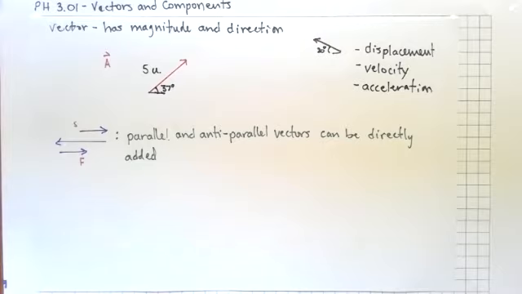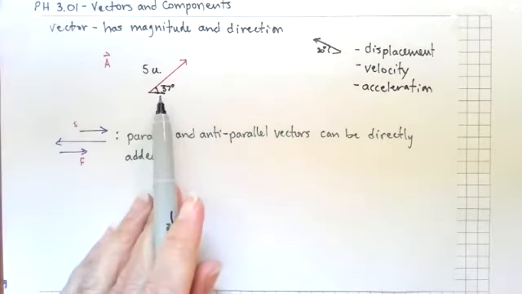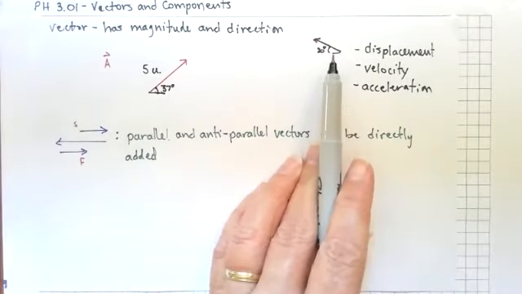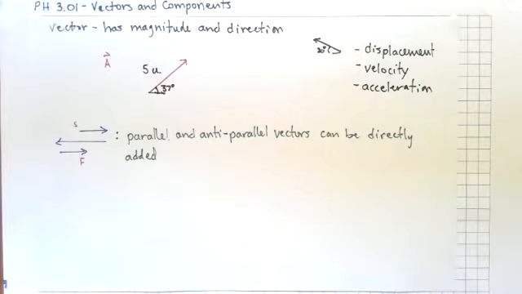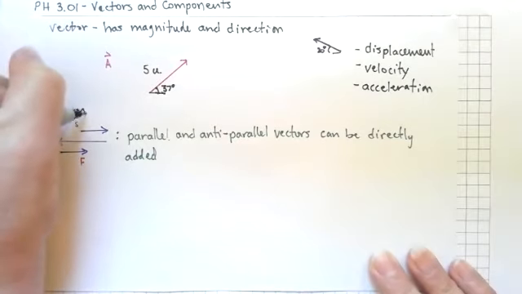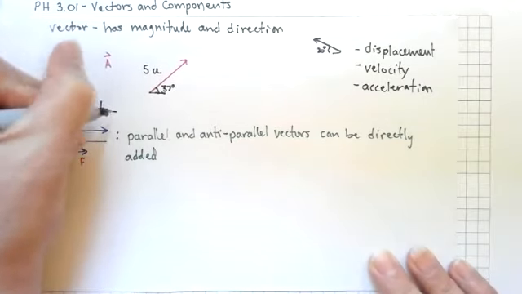Well, it turns out we have a little trick. I can take this vector and break it down into pieces. I can take this vector and break it down into pieces. And then we can add the pieces and reassemble them to get an answer. The pieces are called components.